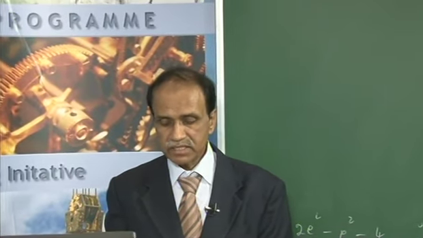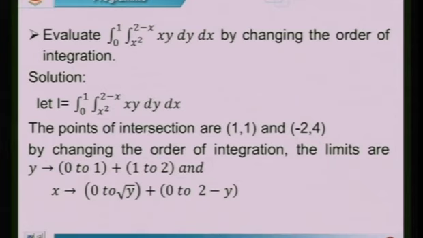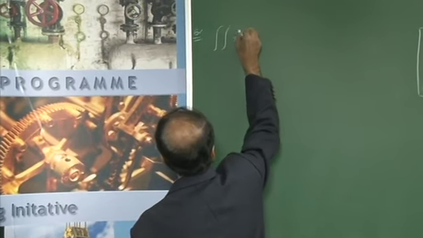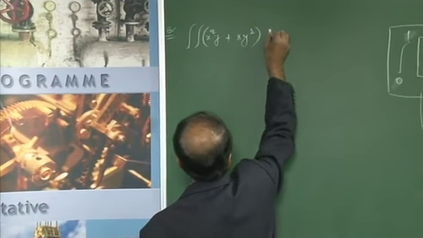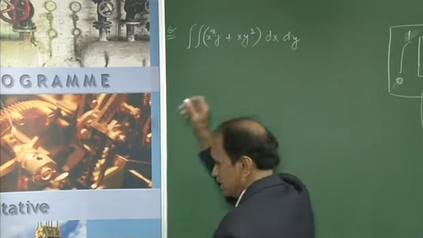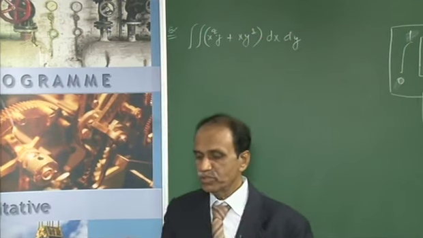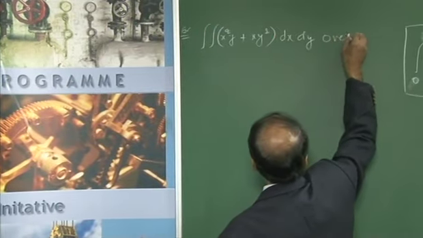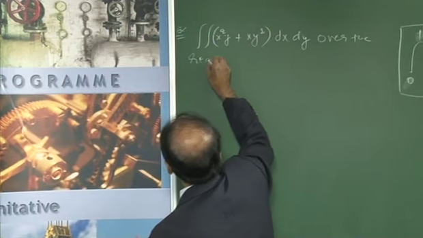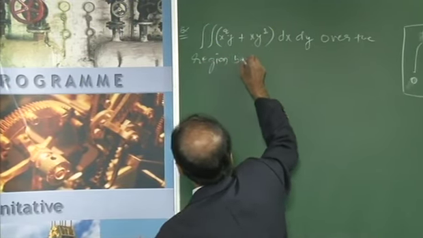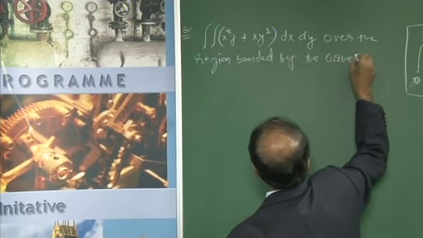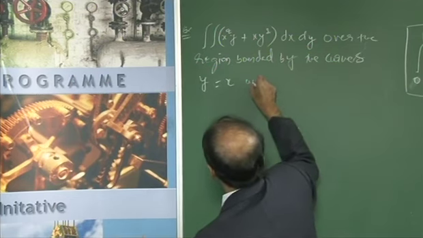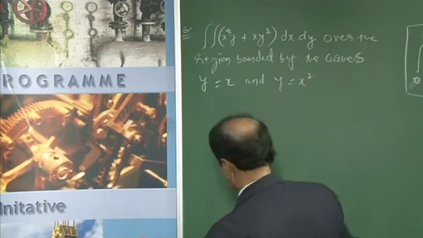That statement goes like this: evaluate the double integral of x square y plus x into y square, dx dy, over the region bounded by the curves y equal to x and y equal to x square.